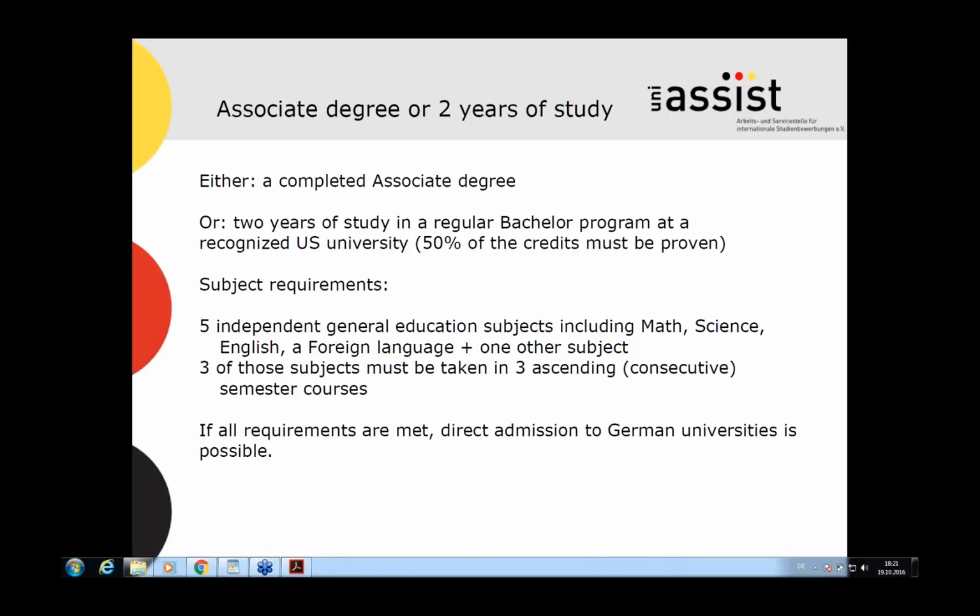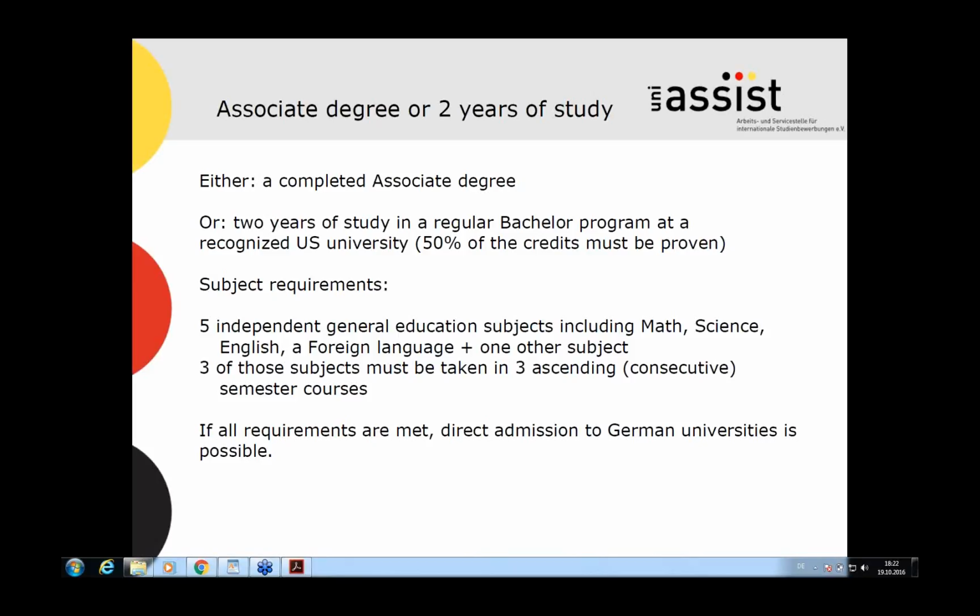But it's not enough only to prove that you have studied 2 years. You have to meet some strict requirements. You have to prove at least 50% of the credits that are required for your program. And then there are some special subject requirements.